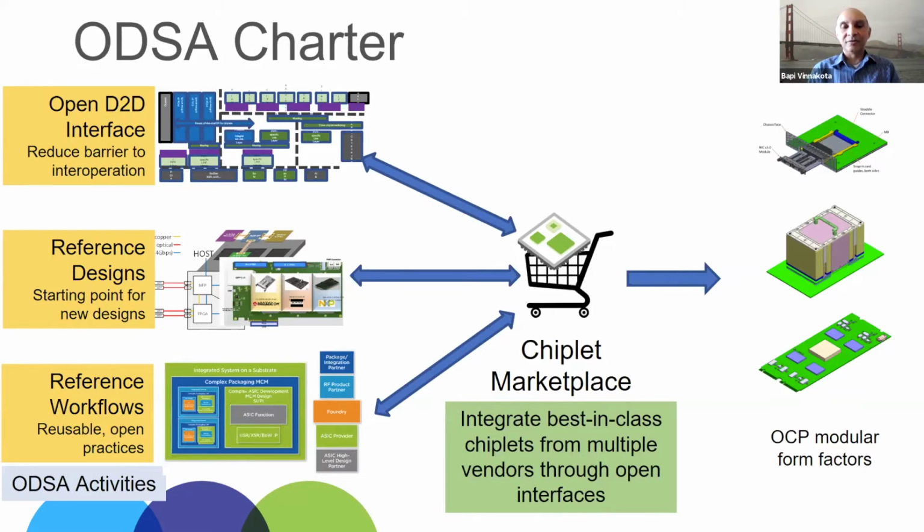You're dealing with issues like who owns the final yield, who owns product liability, how do die get transported, and what kind of information gets moved with die, etc. And the bottom two are where I'm really hoping that we can get more engagement and interaction with packaging and test people.